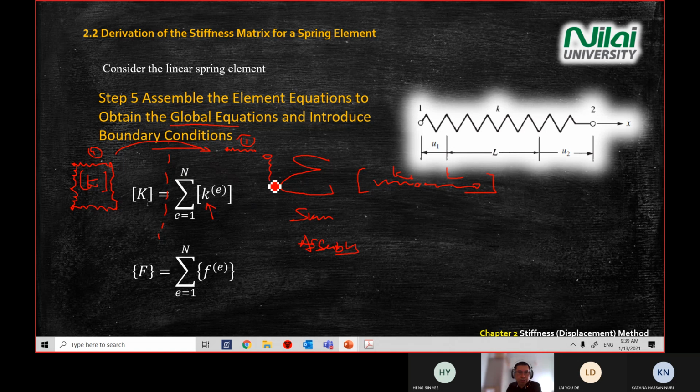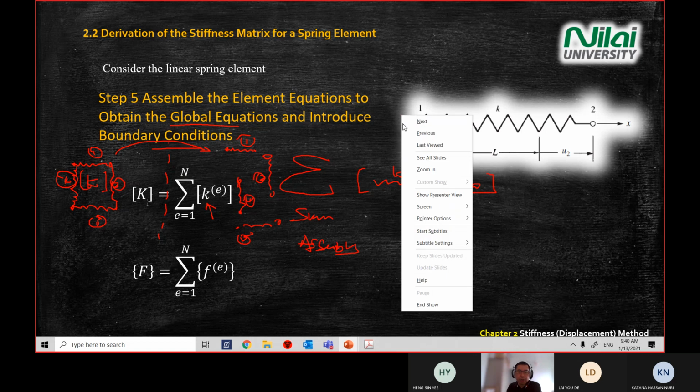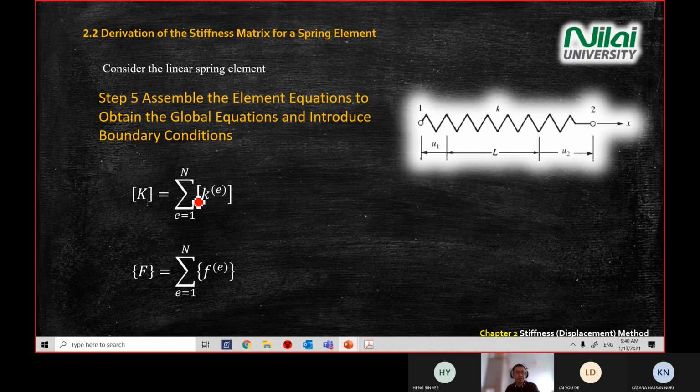And then you break into the second piece, element 2, element 3, and element 4. So it's a combination of elements. And same with the force also. So this is just mathematics writing. At least when you look at the mathematical model, you know what the mathematics means. This symbol means sum. This one means element. This one means global.